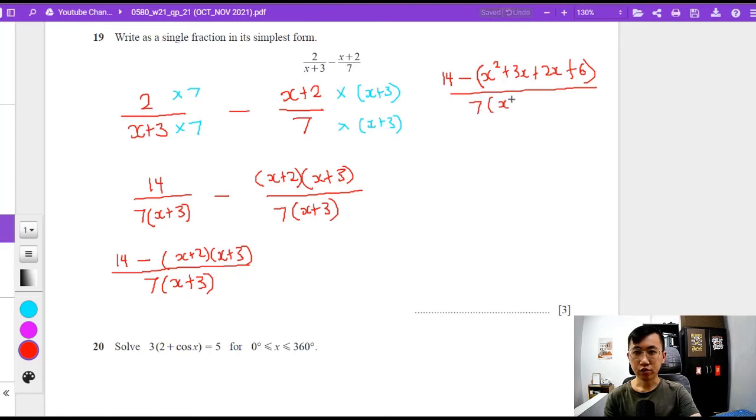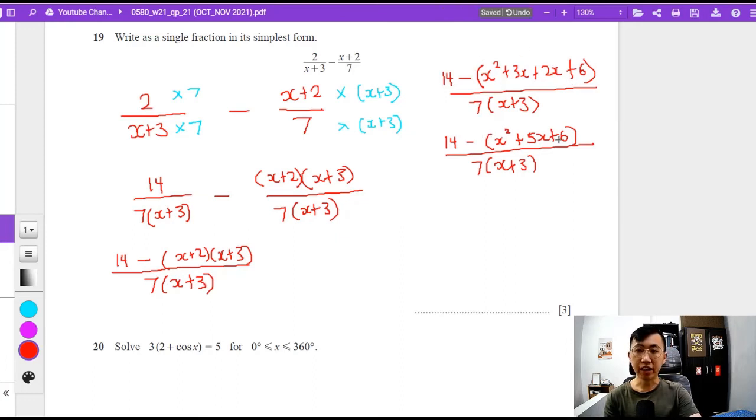So x plus 3, alright, so here I can see that 3x and 2x you can simplify, so we are going to do that. X squared plus 5x plus 6 divided by 7, then x plus 3. Okay, now here's the part where students always make mistake. Initially they forget to put bracket, that is the mistake.